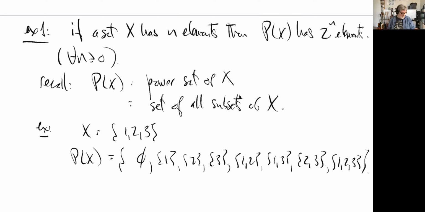And you see this set X has 3 elements, and the power set has 2 to the 3, 8 elements. So at least we see that this is true for n equals 3.